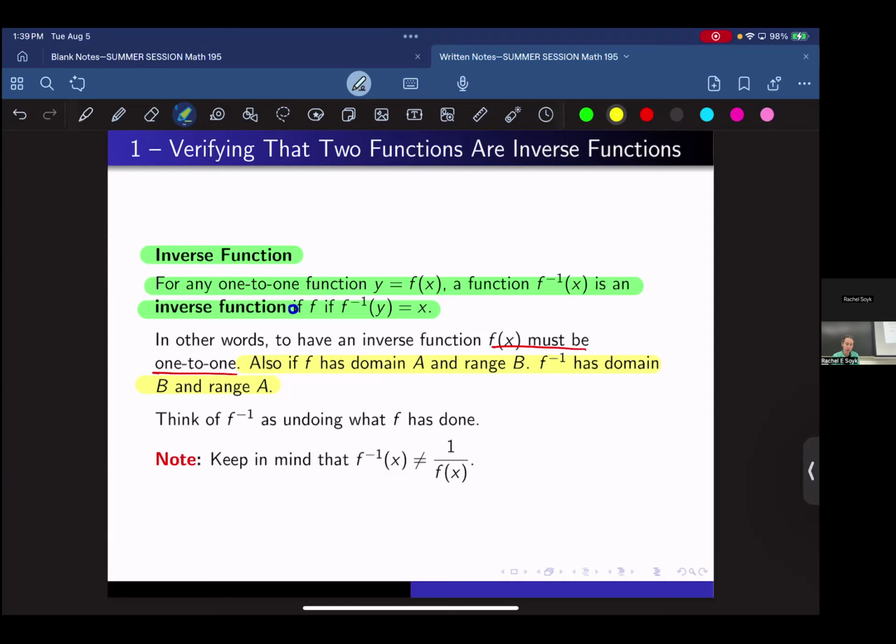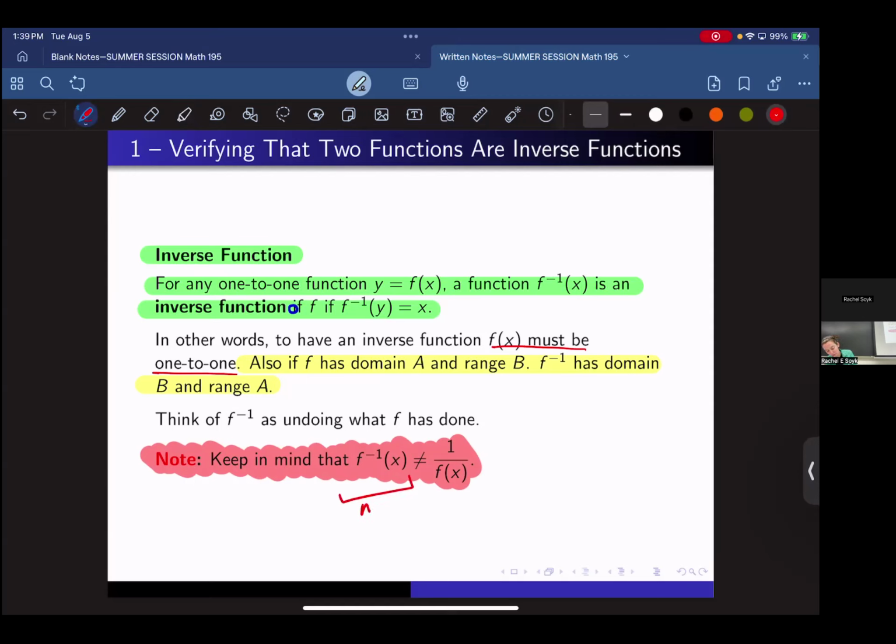You're undoing what the original function has done in the first place. And then the last note is the fact that f to the negative 1 does not mean 1 over. It's just, again, notation of representing an inverse function.